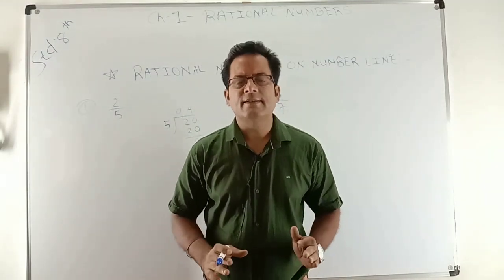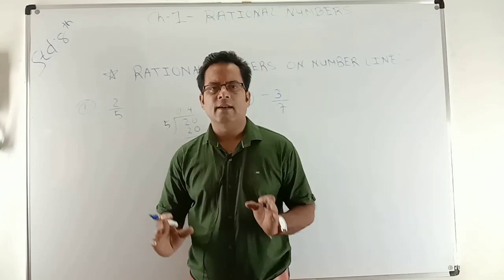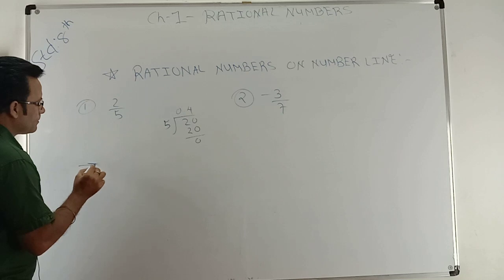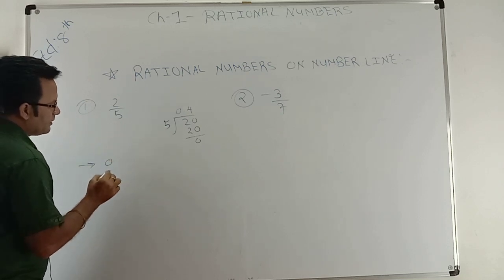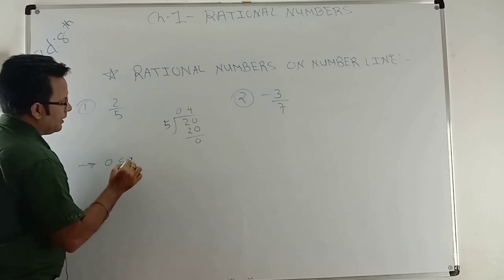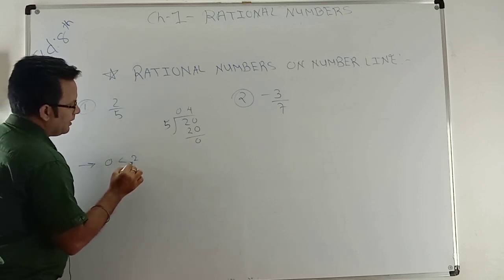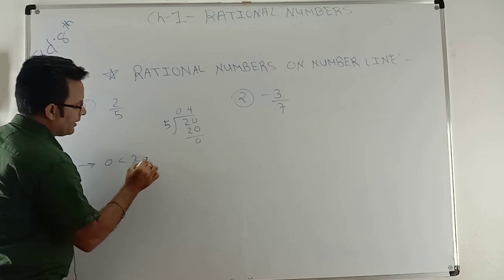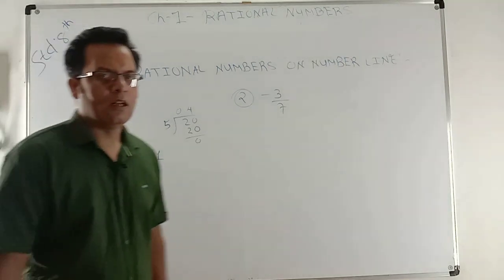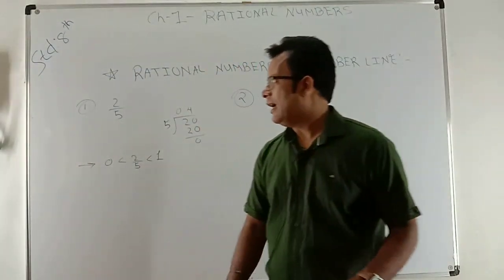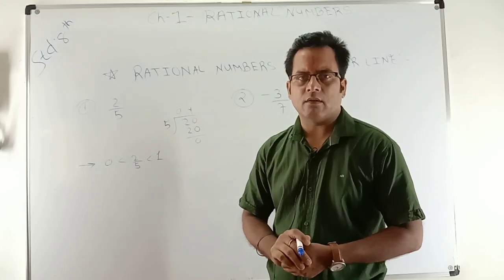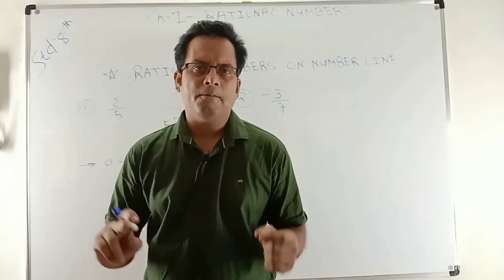So it is bigger than 0 but smaller than 1. So this number is lying between 0 and 1. Okay. Now point number 2, as you know the number is positive, so it will be moving towards the right side. So you have to draw one number line.